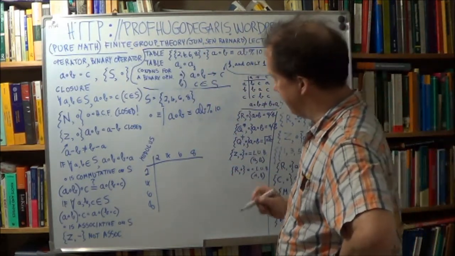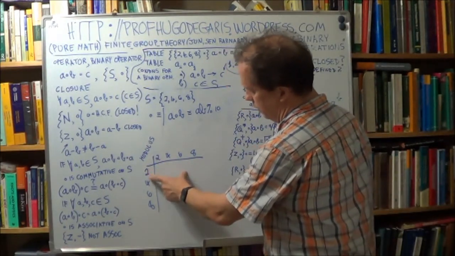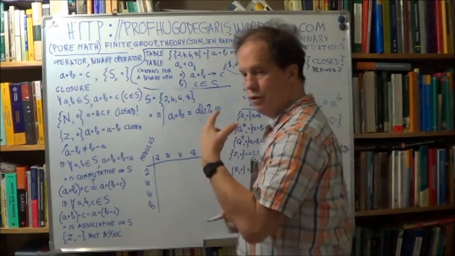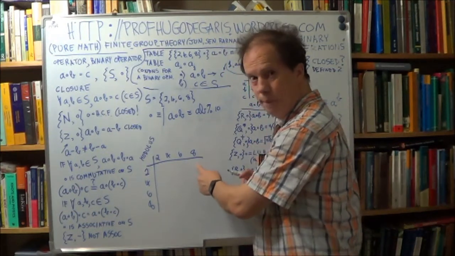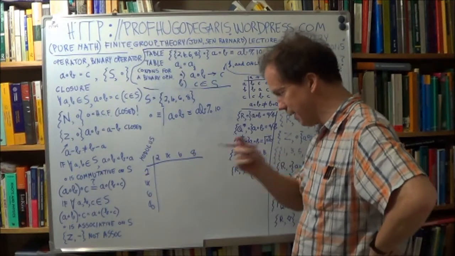Now, you multiply two elements, divide by 10, get the remainder, and put it in the table. That's the idea. I'll do this fairly quickly. We have 16 cases to do.